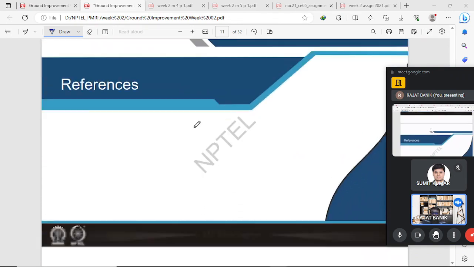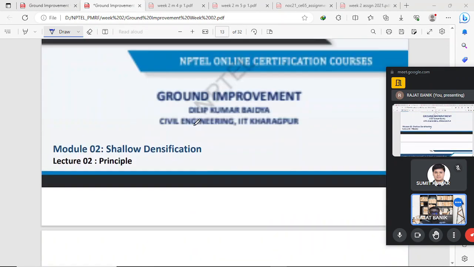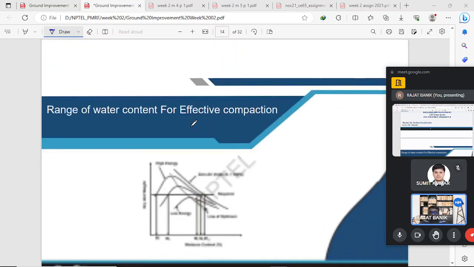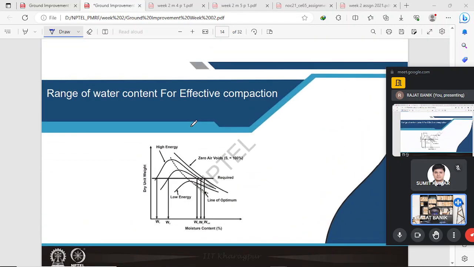Moving forward, in lecture 2 or module 2, we see three types of curves of optimum moisture content, the compaction curve. This is the compaction curve which we define for water content for effective compaction.